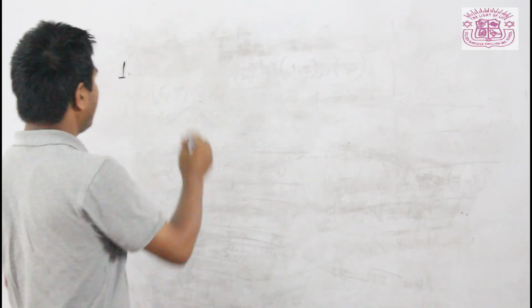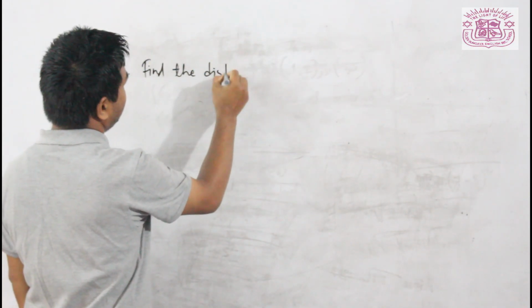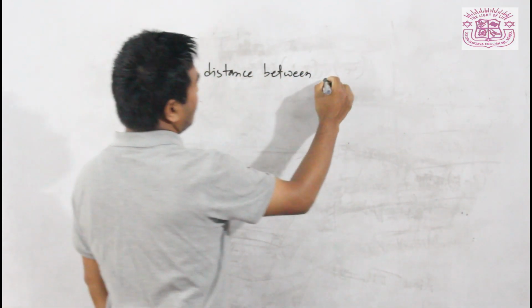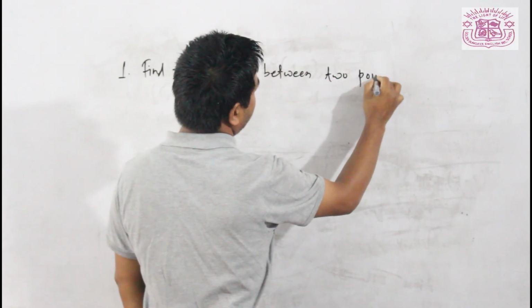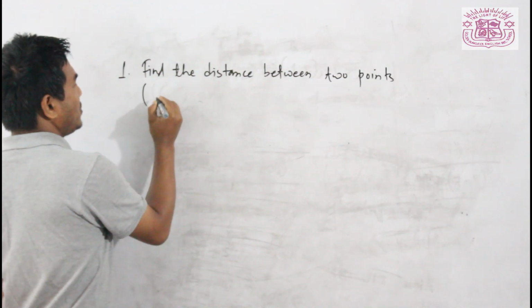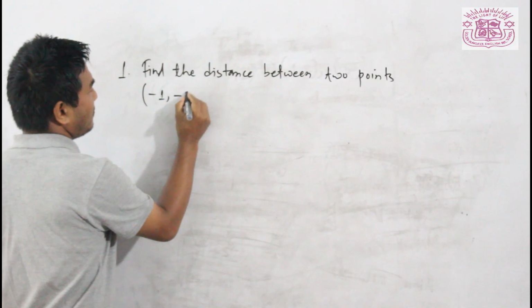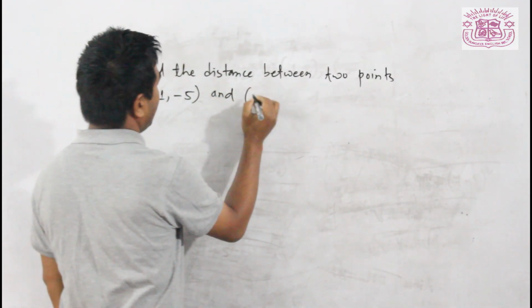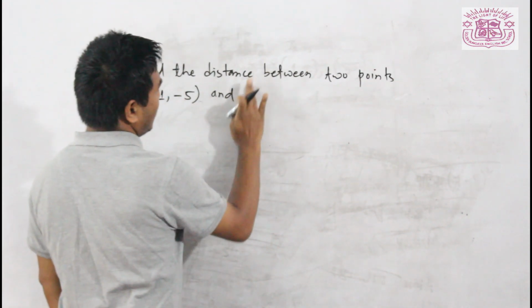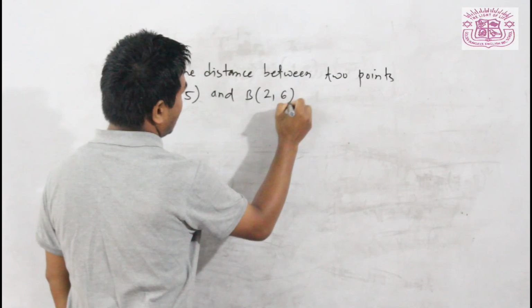For question number 1, find the distance between 2 points. The first point is -1, -5. You can suppose this point as A and the other point as B, which is 2, 6.